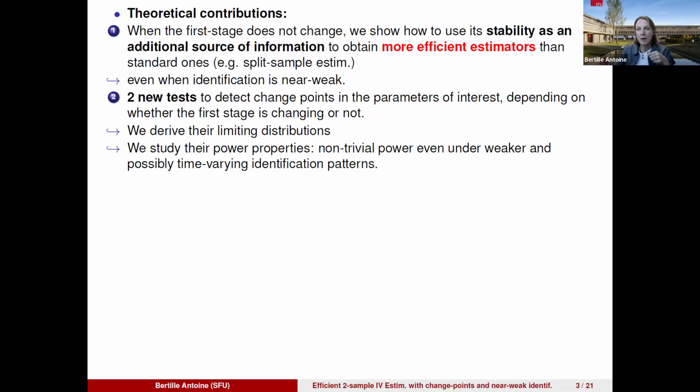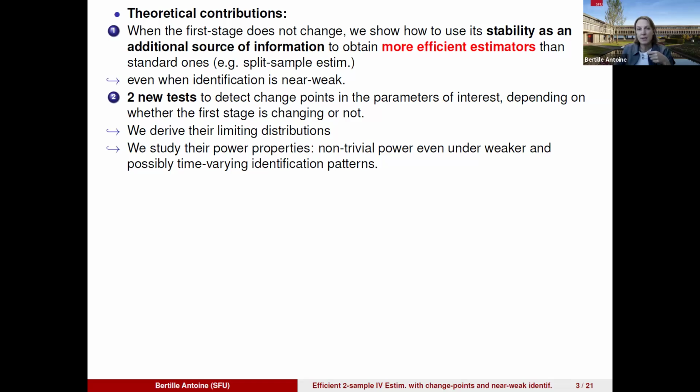And so when we compare our estimators to traditional ones like split sample or even some other estimators that are available in the literature, we can show theoretically that they are more efficient. So in other words, this stability condition that we bring in is not redundant and brings new information that is translated in terms of increased efficiency. And this increased efficiency is even documented when we have near-weak identification.